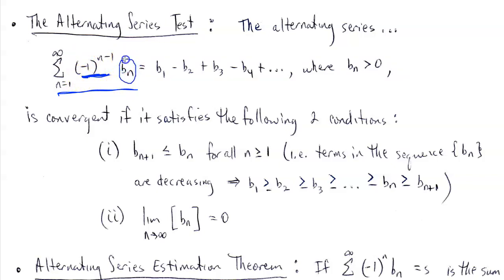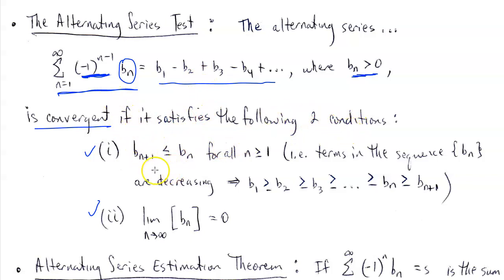And of course, this b sub n here is going to be some positive value, depending upon what value of n we use. If we were to list out the terms as we add these things up, it'll look like this. We know that a series of this type is going to be convergent if it satisfies these following two conditions.